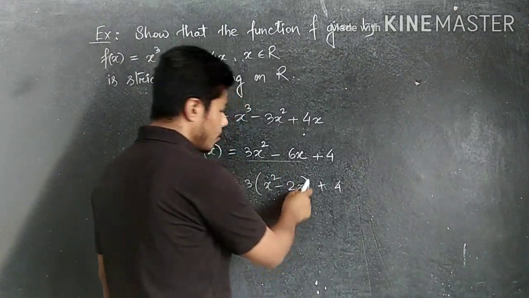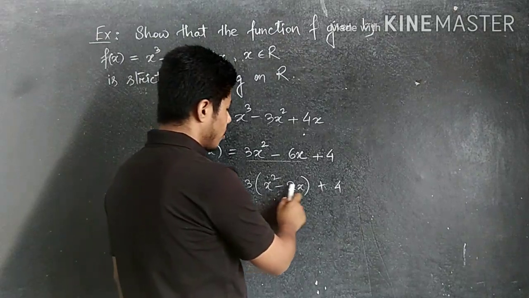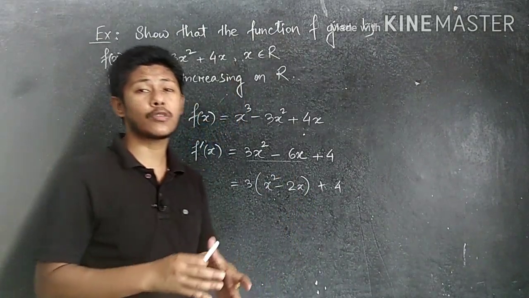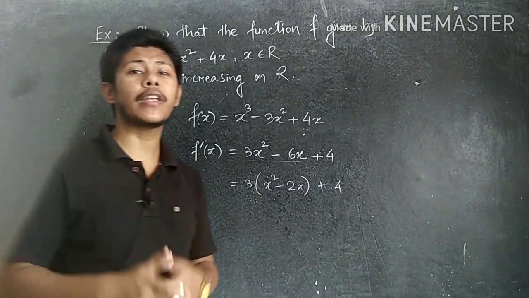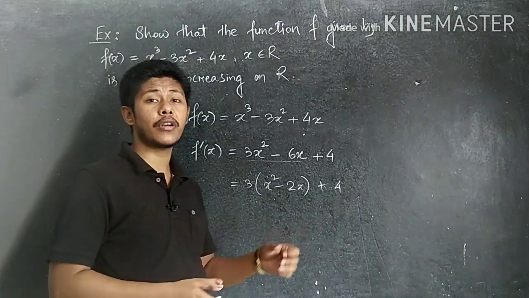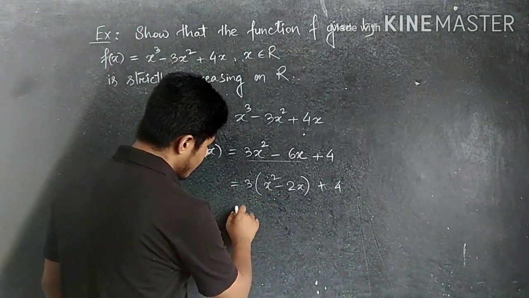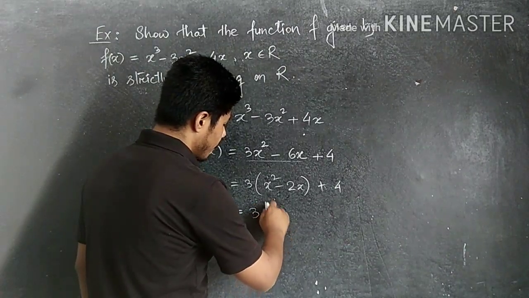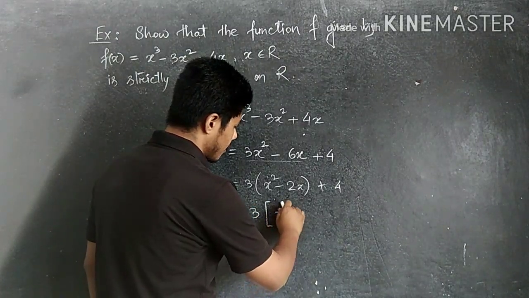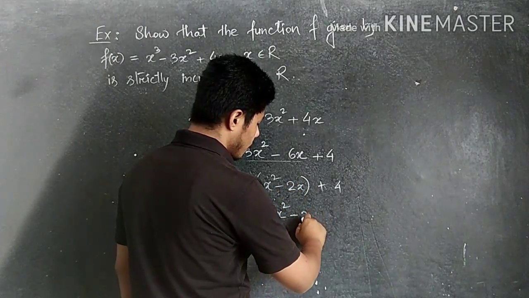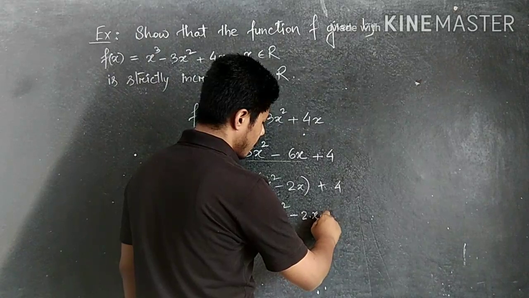After that what you have to do, in this place x square minus 2x, we have to convert this one into the completing the square method. Completing the square we have already done in class 10. So in this form we have to convert this result. So if you convert this, here we have to write 3, and then x square is there, and this 2x we can write as minus 2 into x into 1.